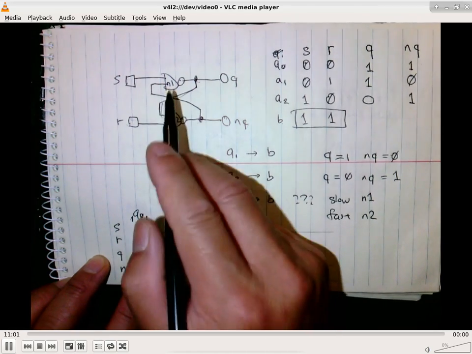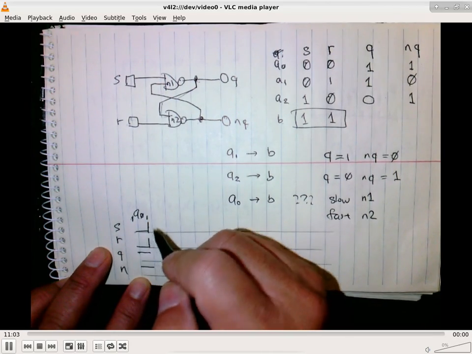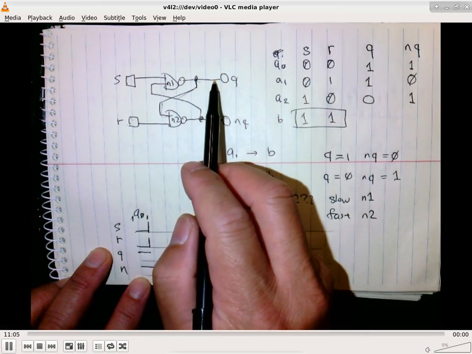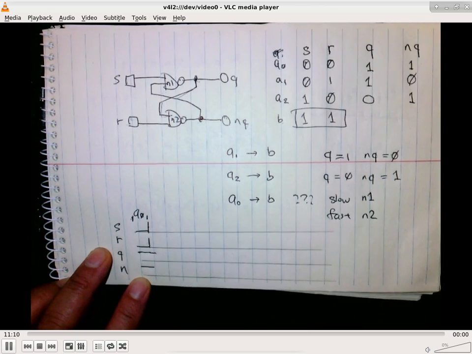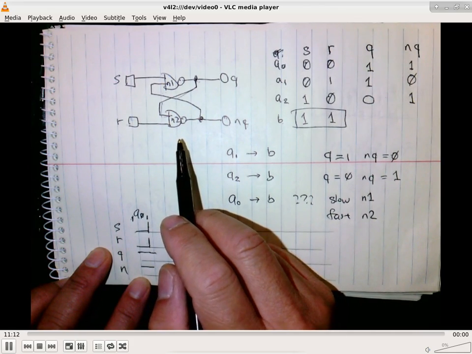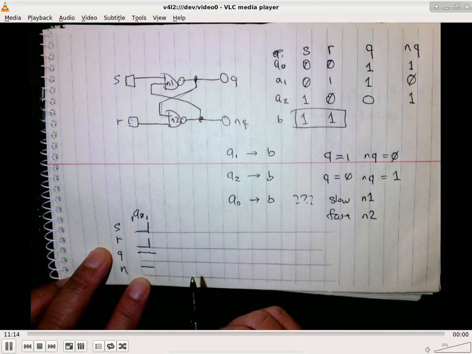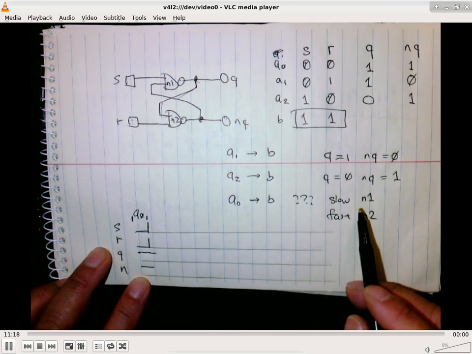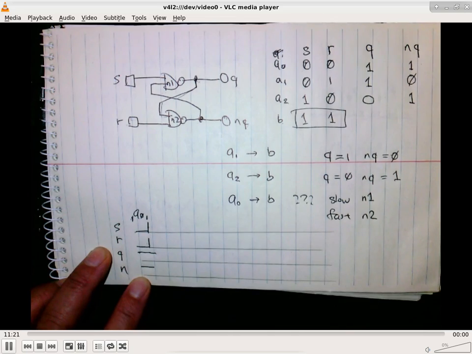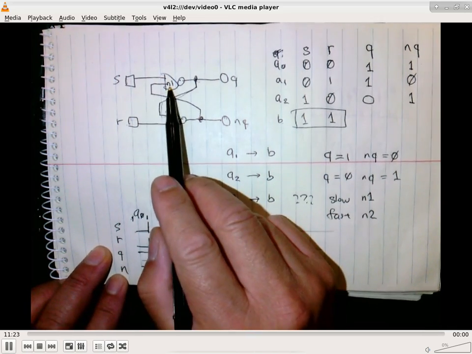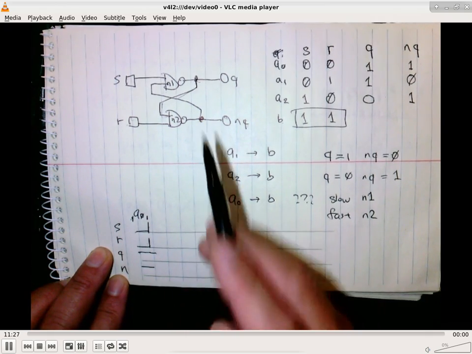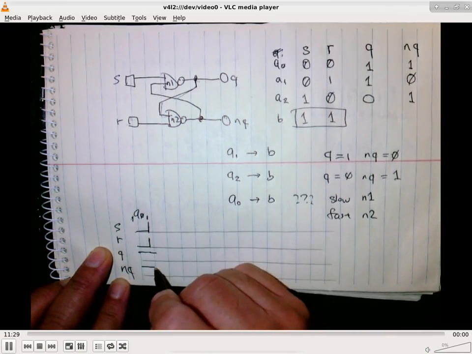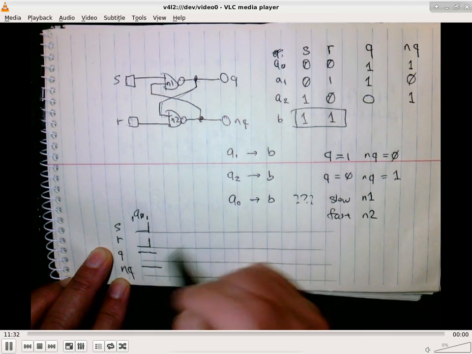So that means Q will continue with its high output because N2 is slow. I'm not sure if it matters, but you have it the other way around on the paper. Oh, slow N1. Oh, darn it. Okay, so if N1 is slow, that means this will continue. So that means NQ will continue to be a high signal.